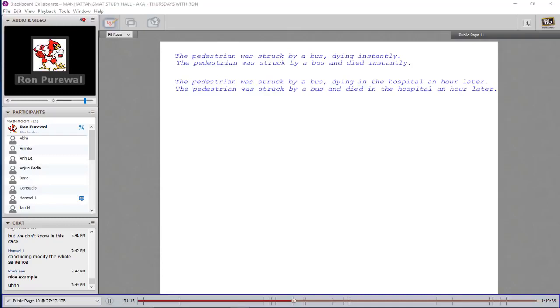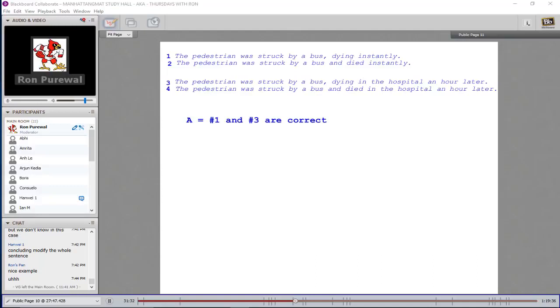In the multiple choice area, give me A if you think that number 1 and number 3 are correct. Give me B if you think that number 1 and number 4 are correct. Give me C if you think that number 2 and number 3 are correct. And give me D if you think that number 2 and number 4 are correct.